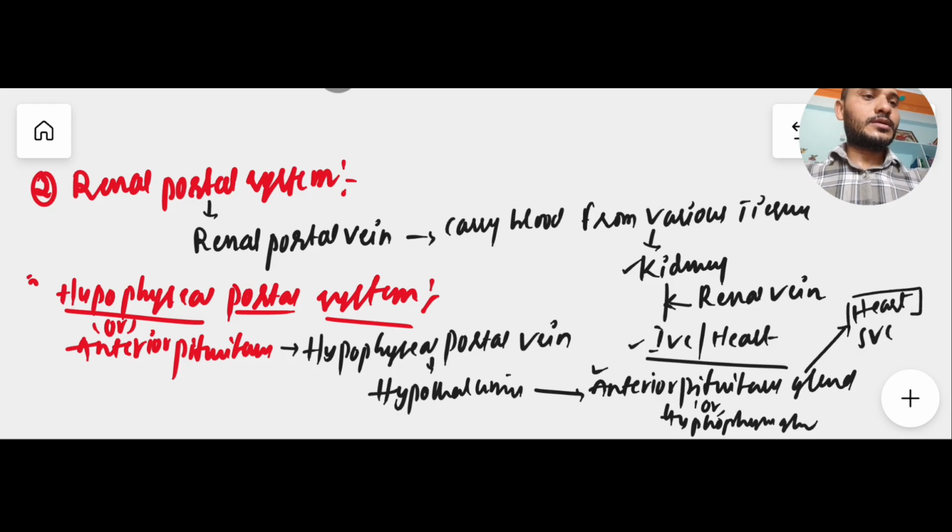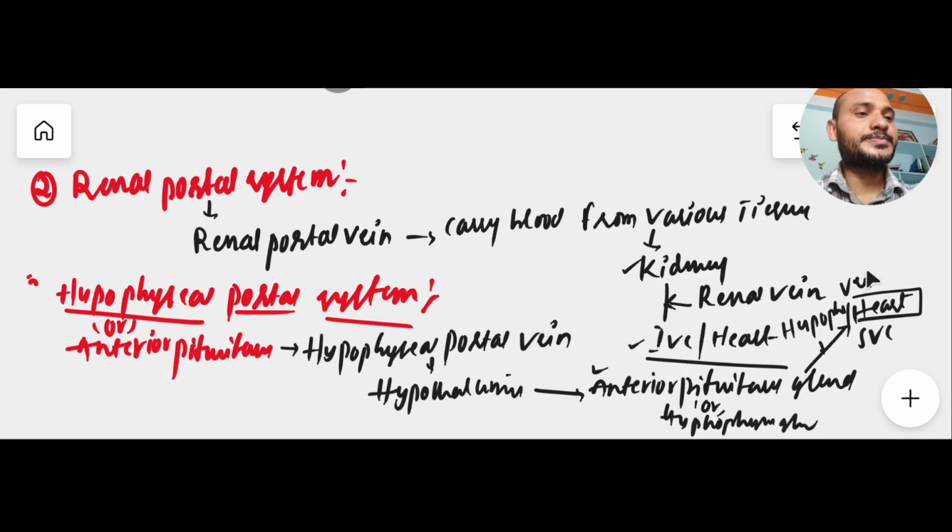So the anterior pituitary is a middle organ, a carrier of blood from the hypothalamus to the heart. That's why this system is called the hypophyseal portal system. And from the anterior pituitary gland, the blood goes to the hypophyseal vein. Sorry, not hepatic, hypophyseal vein.